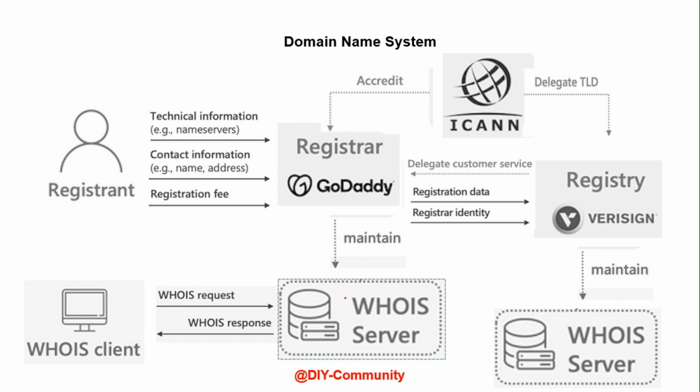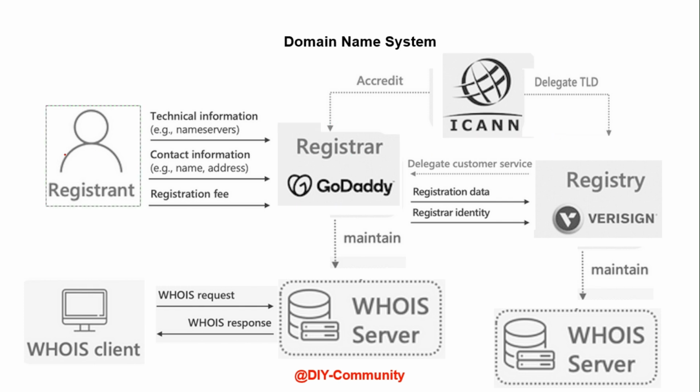If the domain name does not exist, then it will initiate your registration process and it will sync up with the registry, in this case, VeriSign. And VeriSign will again repeat the same process to verify everything. If it's a new or non-existing request, then it will register in its own WHOIS server, and all that information is sent back to the registrant.